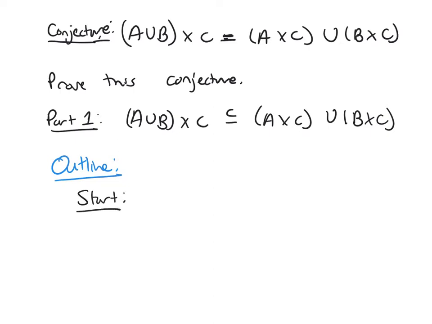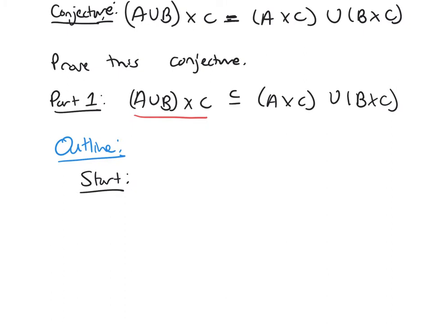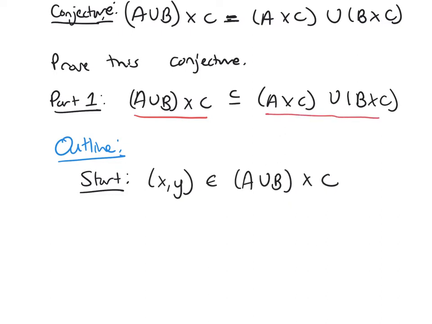I need to take an element in the left-hand side, but that's a Cartesian product, so I've got to take an ordered pair, an x comma y, in A union B cross C. And what do I need to conclude? I need to conclude that this ordered pair is also an element of this other side.